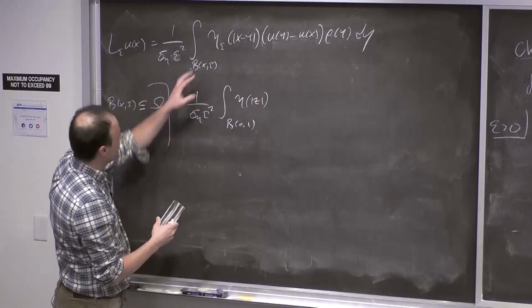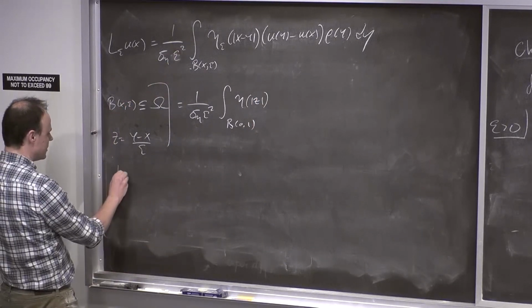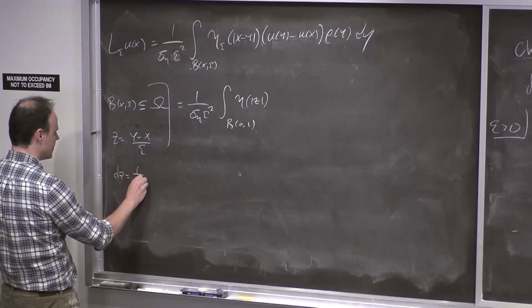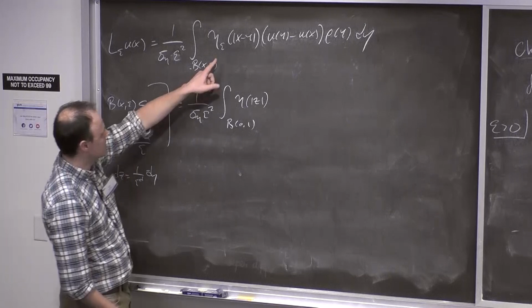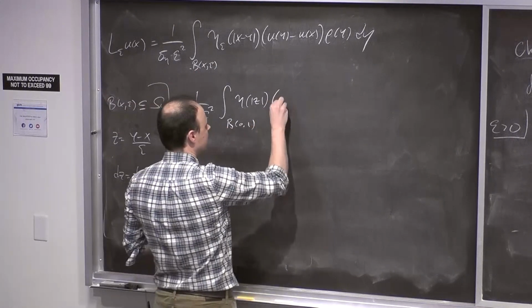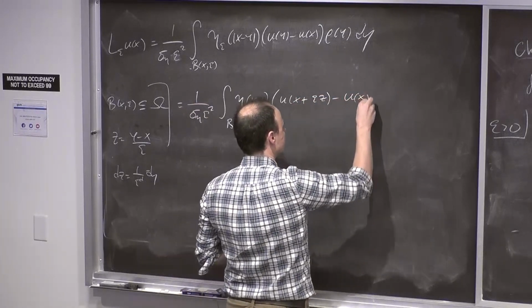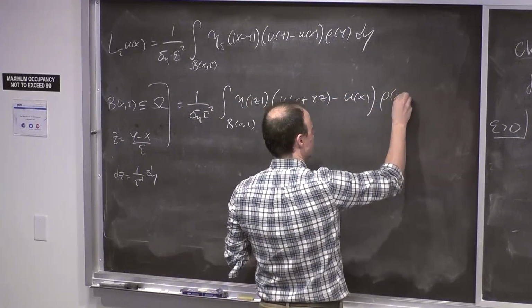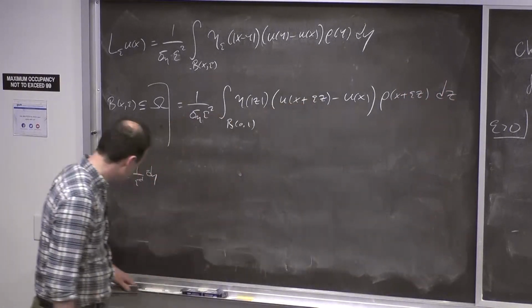In the eta epsilon, I have a 1 over epsilon to the d, which cancels out the change of variables, dz equals 1 over epsilon to the d dy. So that gets absorbed into the constant in eta epsilon, and it becomes eta of z and u of x plus epsilon z minus u of x. And here I have rho of x plus epsilon z dz.